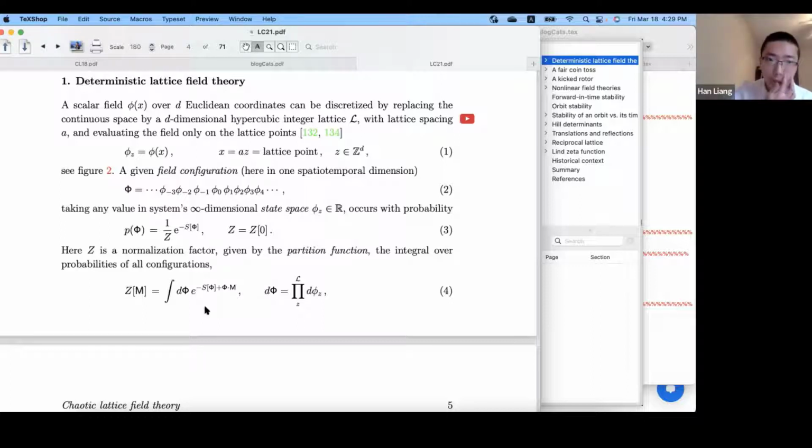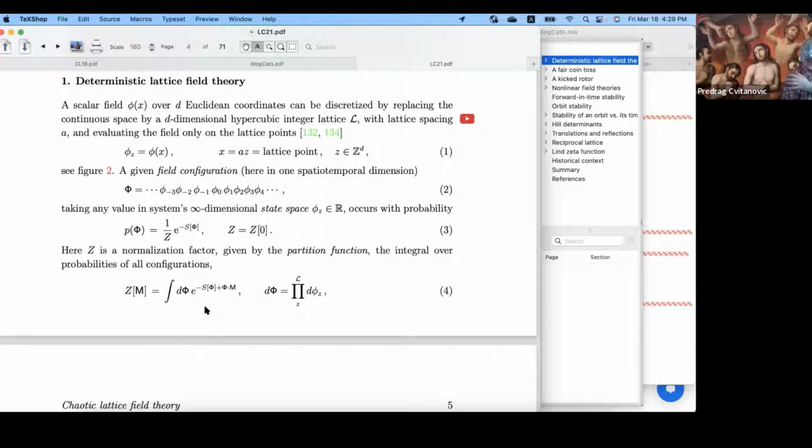So equation 3 tells you its probability. And equation 4 says exactly what you just said. Because you have discretized the spacetime, then you're computing a product. Z is the name of the lattice site.